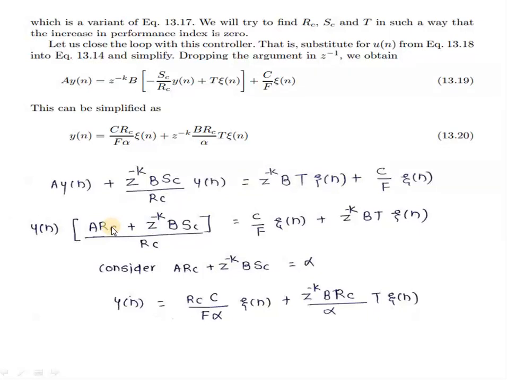Now we take the y of n common and write the remaining term here. The right hand side is the same as it is.